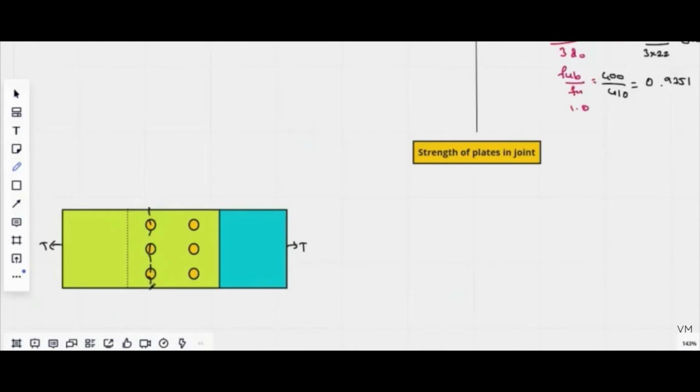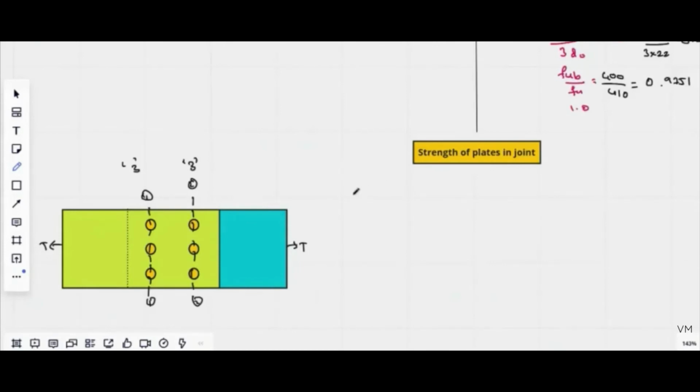Either the failure will be in zone 1 or in zone 2. Either you consider zone 1, we can see there are three bolts, or if we consider zone 2, same, we can get three bolts. That is why either you select section 1 or section 2, we will get the same net area to calculate the strength in rupture.